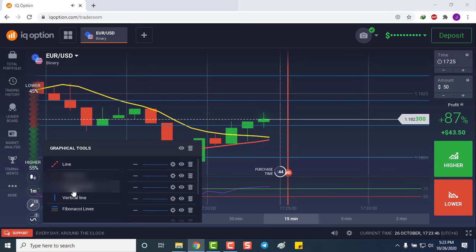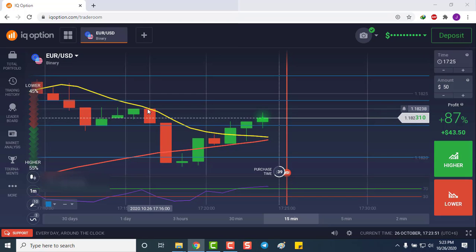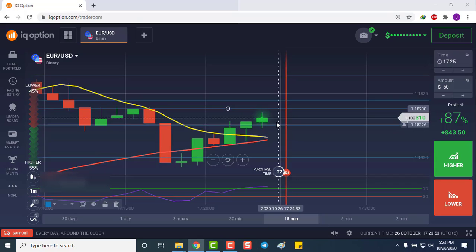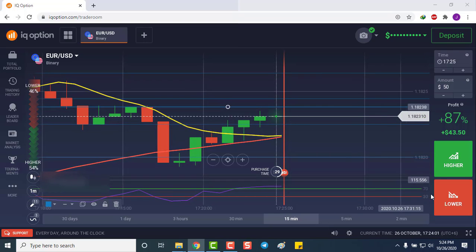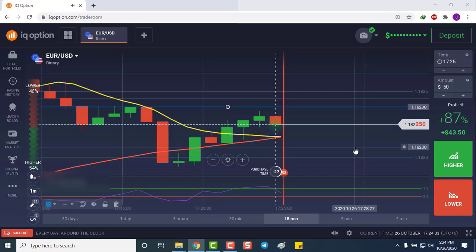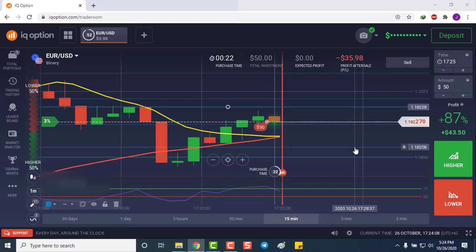Guys, let's draw this level. And if the current candle closes between this level and it already has some rejection, I will place a lower option. Guys, I already placed a lower option here.